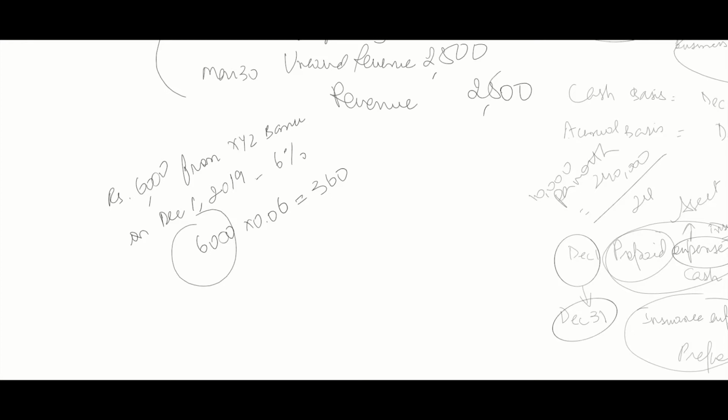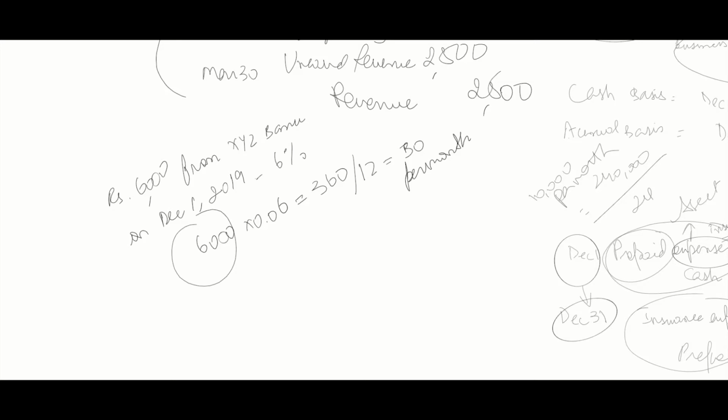Since we had borrowed it on December 1st and the 2019 period is going to end, we have to adjust this interest for 1 month. If I divide 360 by 12, I get 30 interest expense per month.